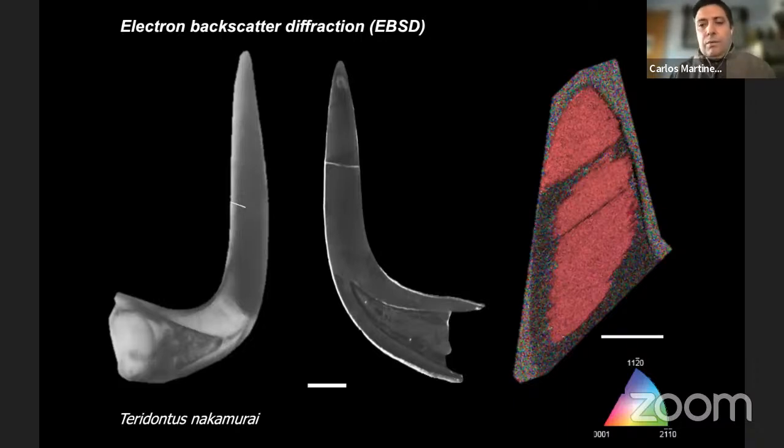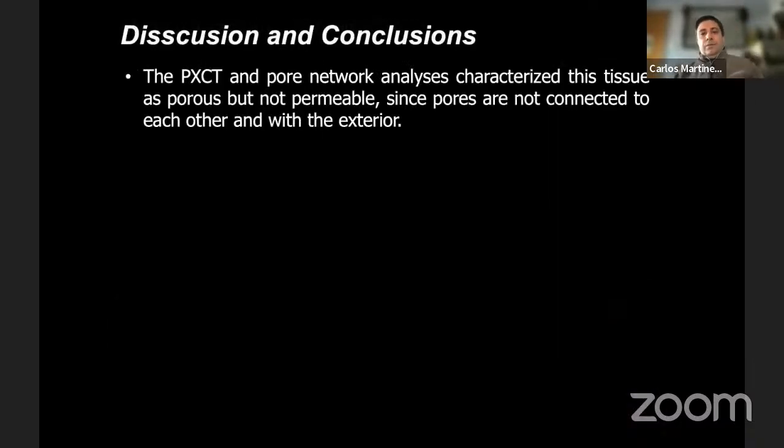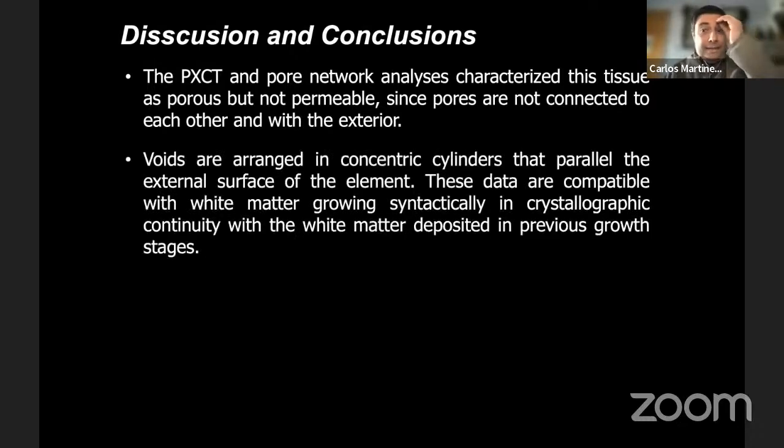So there are important conclusions. The first one is, of course, that the tomography and the pore network analysis allow us to characterize this tissue and say that it is not permeable, since pores are not connected between them or with the exterior. But it also gives extra information about how this tissue grows, because there were so many controversies about it.